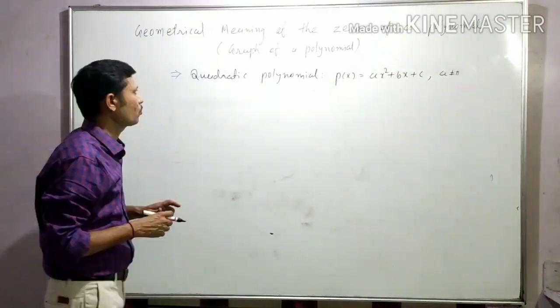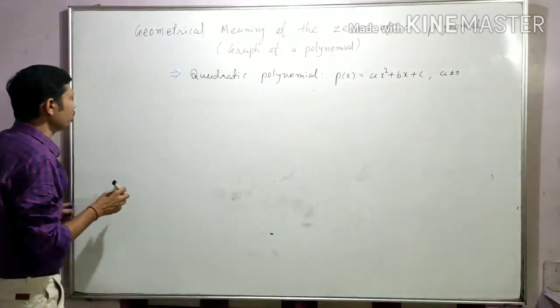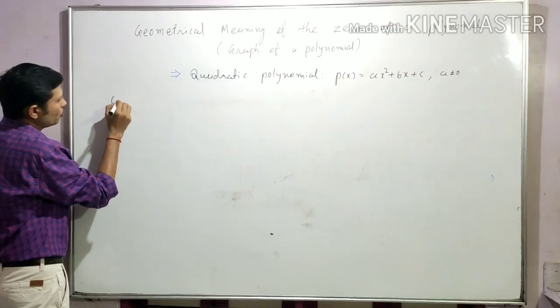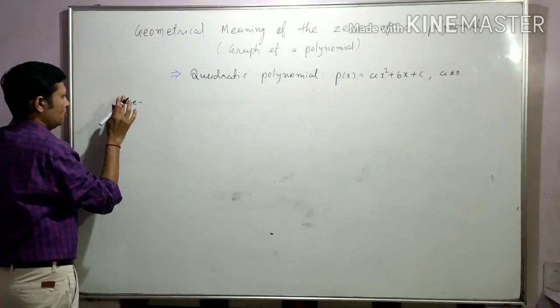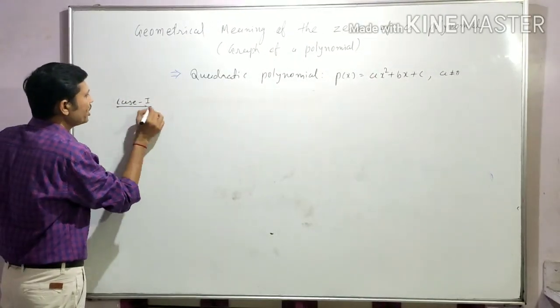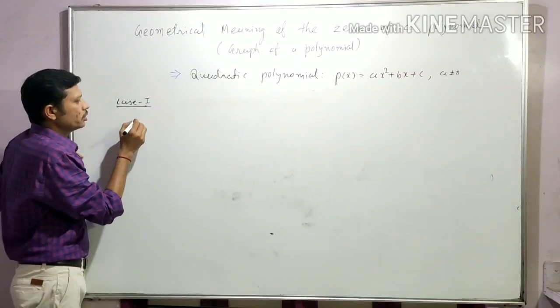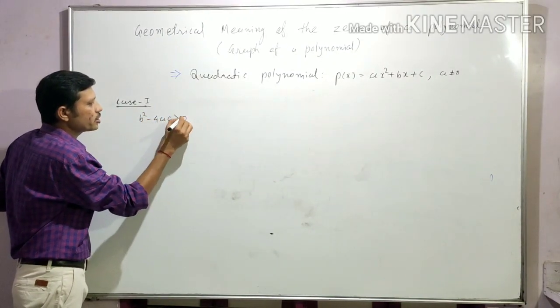Now we discuss the different cases of the quadratic polynomial as per the graph. Case 1. What is the main condition for case 1? That b square minus 4ac is greater than 0.